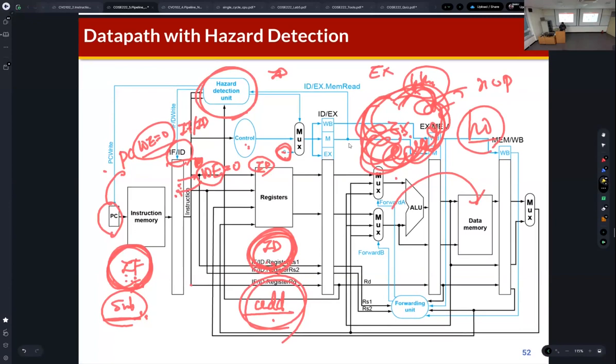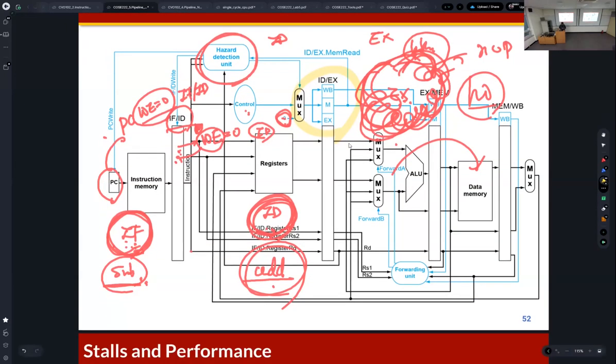In order to generate the NOP, we can just make all control signals 0, and then block the propagation of instructions in the instruction fetch and ID stages.